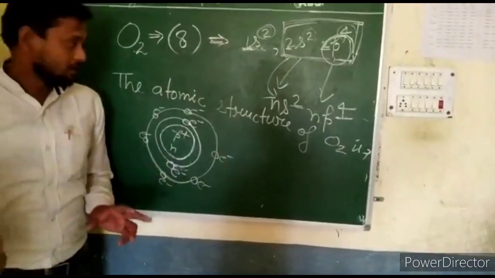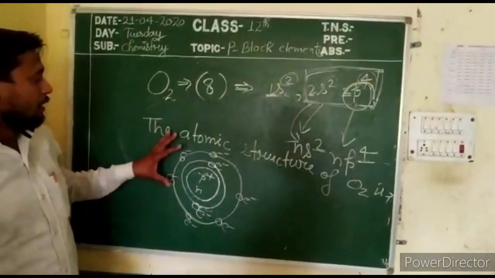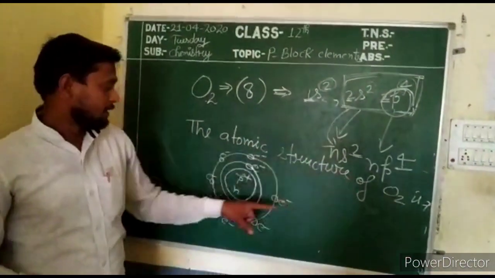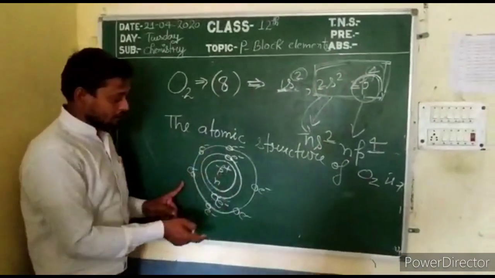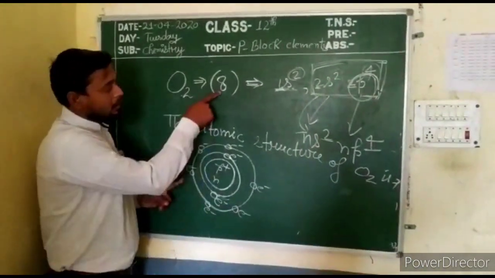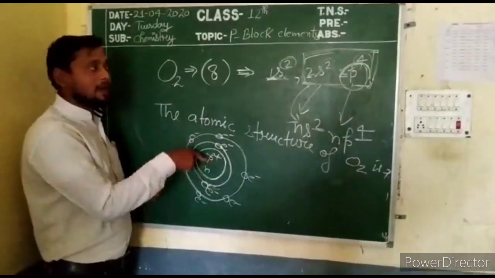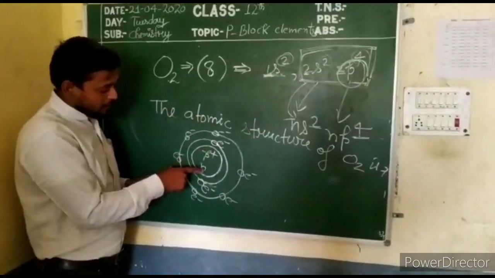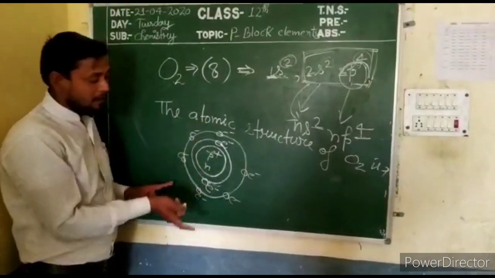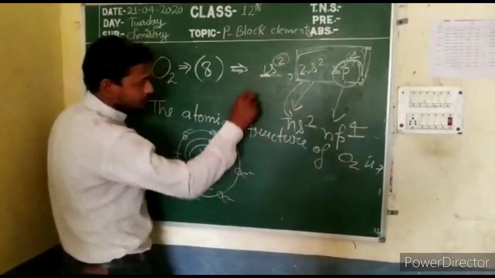So dear students, we have seen the atomic structure of oxygen like that, in which there are 8 electrons and 8 protons also, but the number of neutrons we can find by the formula.